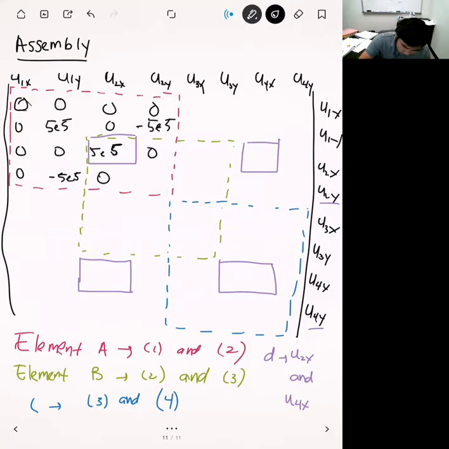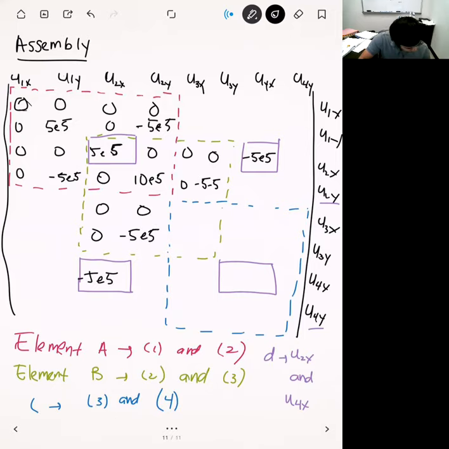We have 0, 0. 10E5 here. Okay. 0, 0, 0, minus 5E5. Okay. This is minus 5E5, minus 5E5. Okay. 0, 0, 0, minus 5E5.